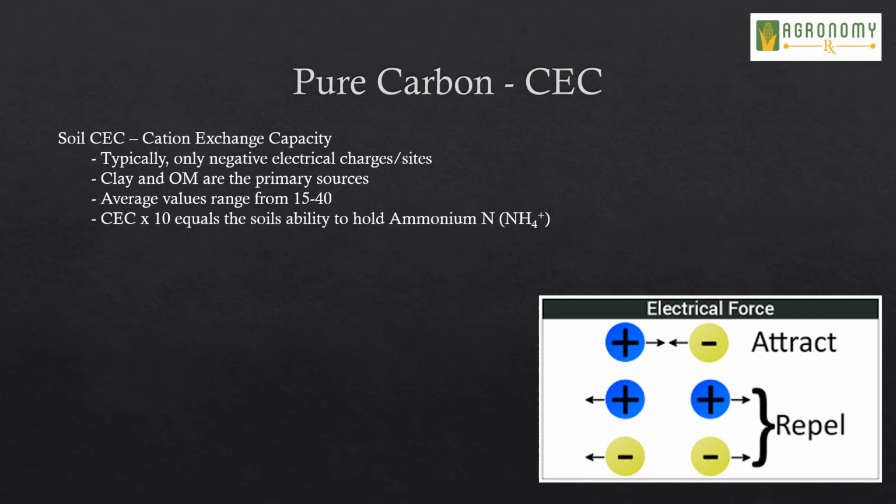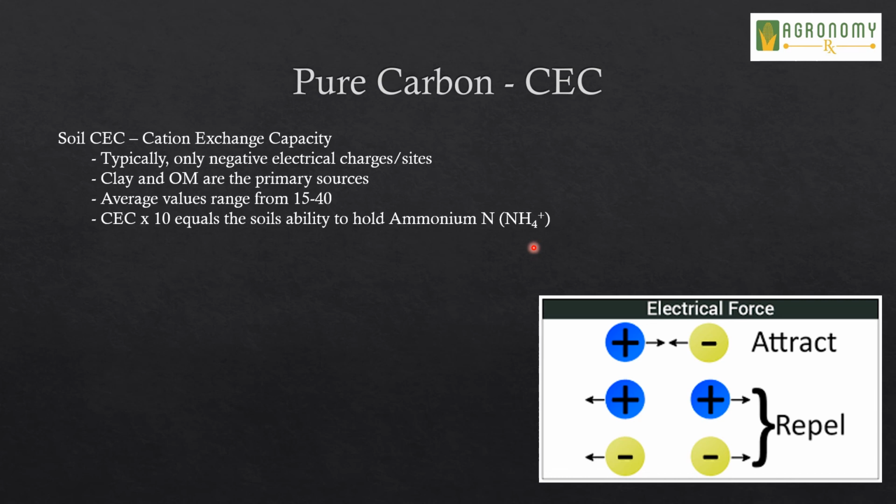Same thing if you put two negative ends together, they will repel each other. So the same principle applies as we're looking at things like ammonium being positively charged. As I mentioned, our soil has negative charges to it. So when you have a negative electrical charge on the soil, the positive ammonium ion can attach to it.